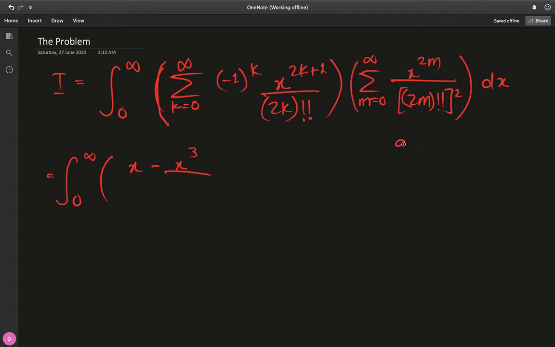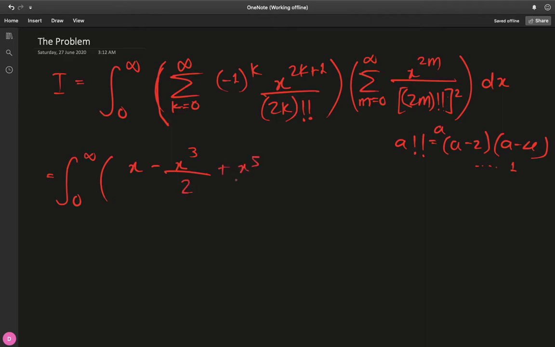A double factorial is defined in this way: a times a minus 2 times a minus 4, until you reach 1. It's basically a factorial, but instead of consecutive terms being multiplied, double factorial jumps by 2. So a, then a minus 2, then a minus 4, until 1. In our case, 2 double factorial is just 2.